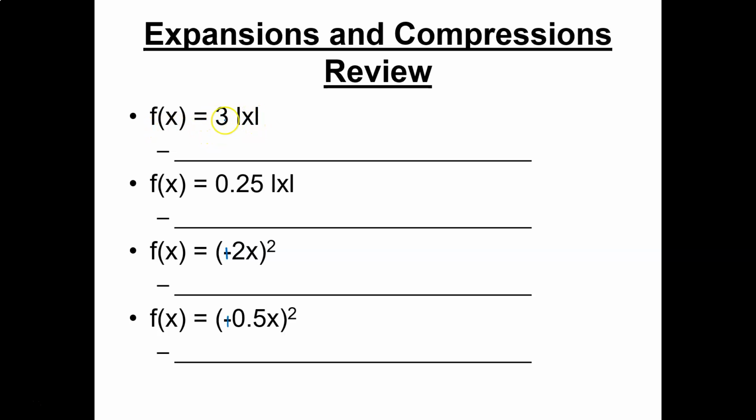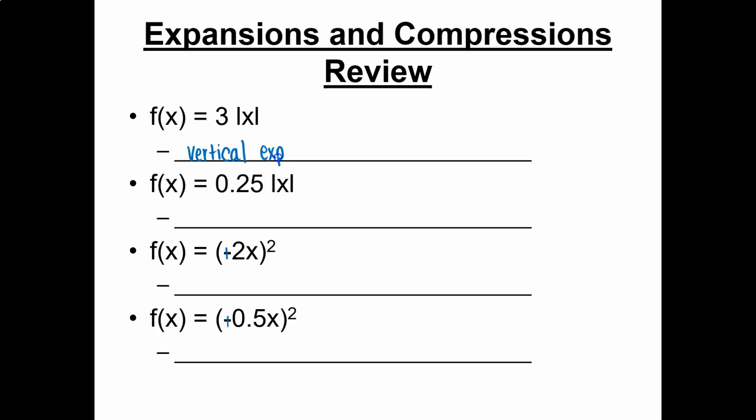For f of x equals 3 times the absolute value of x. Macy, for this, these are expansions or compressions. What kind of expansion or compression is that first one? Is vertical. And it's vertical because it's on the outside of the parentheses, or in this case, those parentheses are absolute value bars. Is it an expansion or compression?